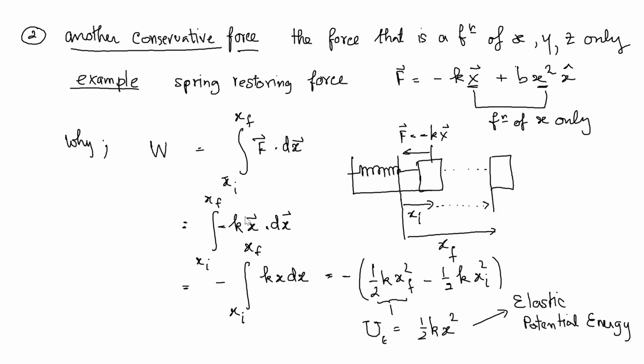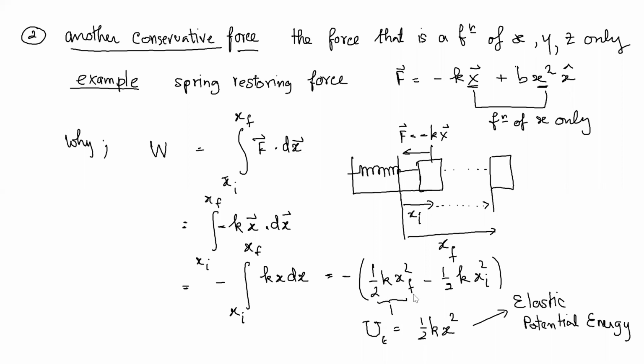You can neglect the vector form, or you can say that cosine theta is 1. And it turns out to be 1/2 k xf squared minus 1/2 k xi squared.